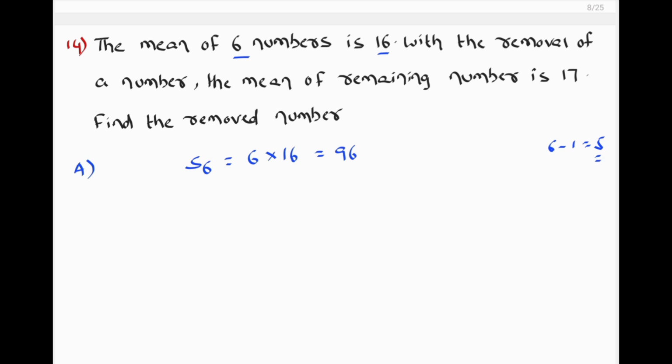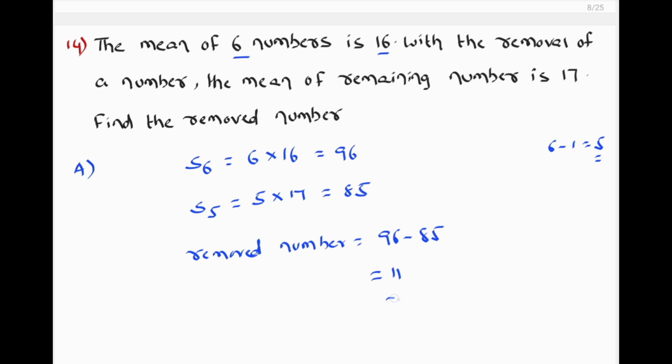The mean of the remaining numbers is 17. So the sum of the 5 observations is equal to the number of observations into their mean, that is 85. So what is the removed number? The removed number will be their subtraction, 96 minus 85, that is 11.